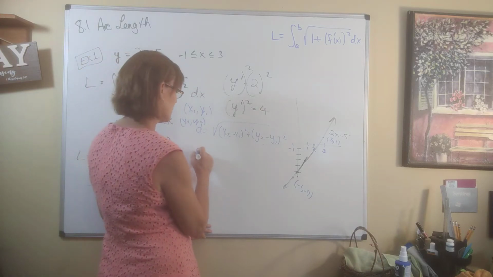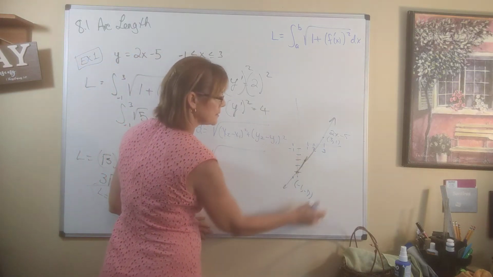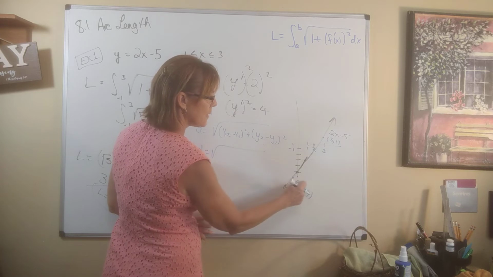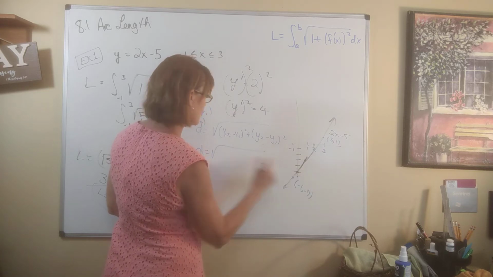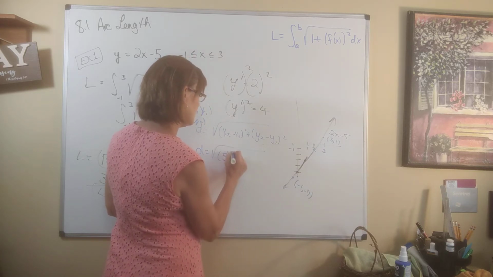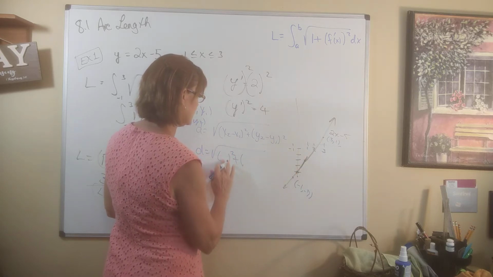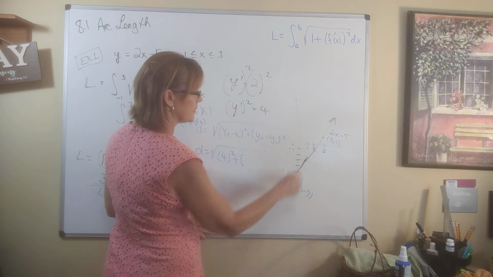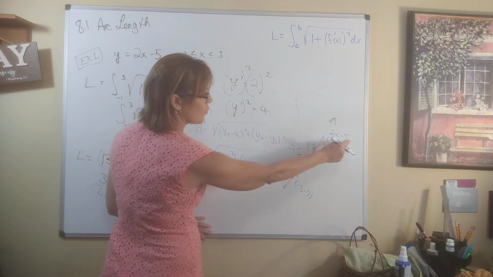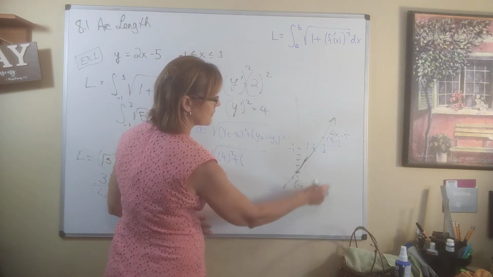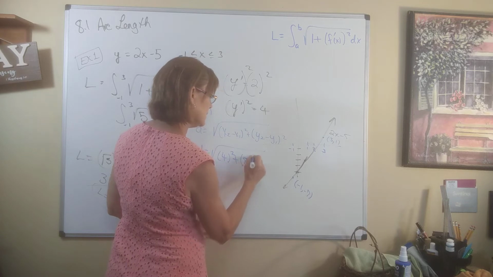So, these are our points. So if I say 3 minus -1 is 3 plus 1 is 4 squared. Okay, and then we have 1 minus -7 is 1 plus 7, or 8 squared.